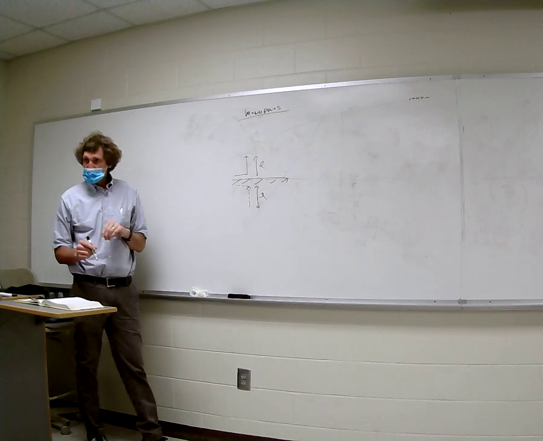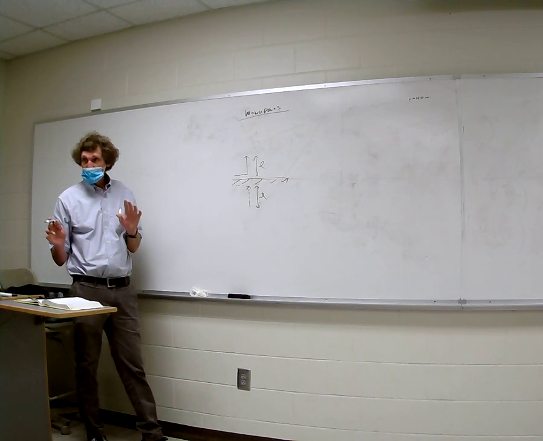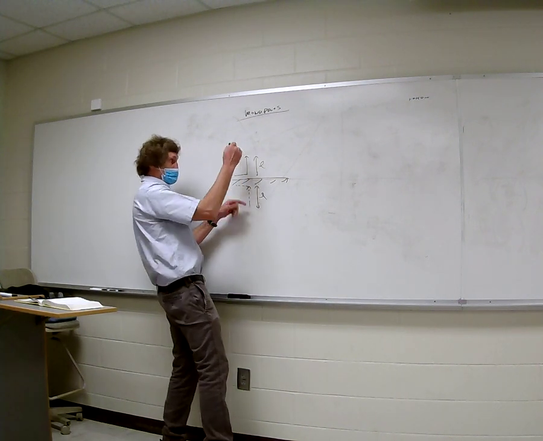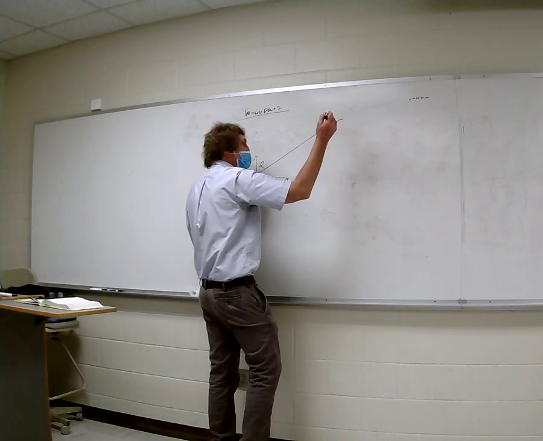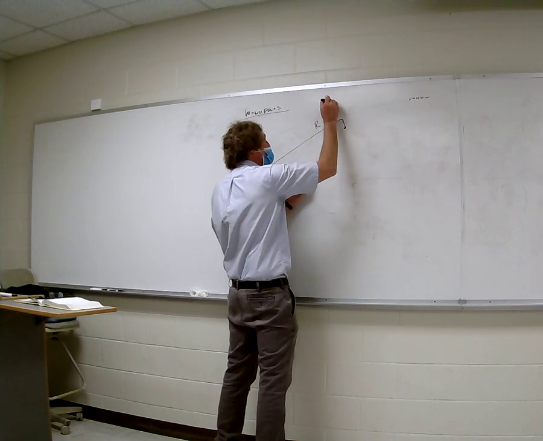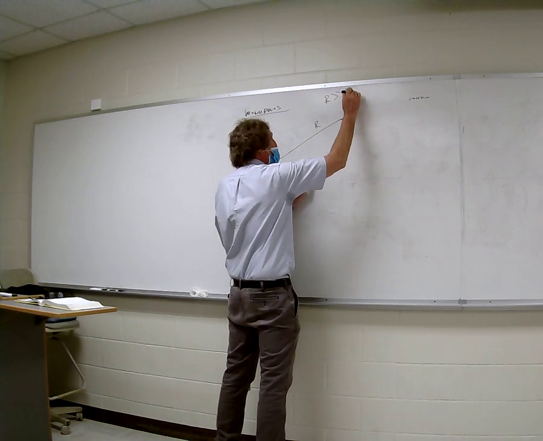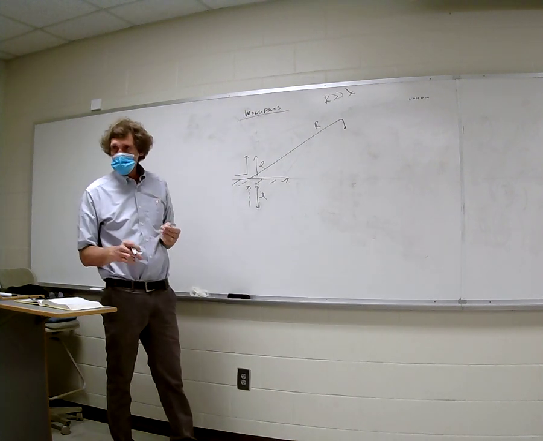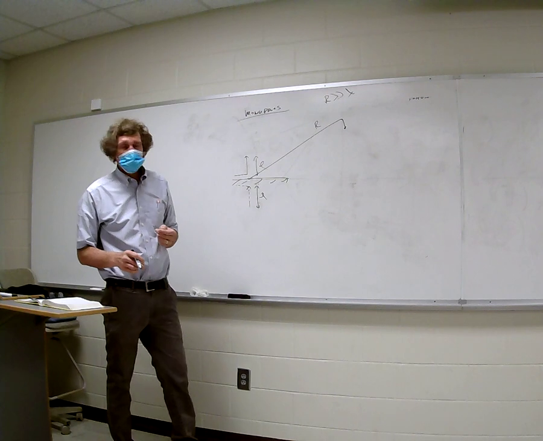Do y'all follow? Everybody good on that? Now, if you want the electric field, I'm going to go from the center of this image. If I want the electric field out here at some range R, let's assume R is much greater than lambda. So it's just way out. It's far field. We're only worried about far field.